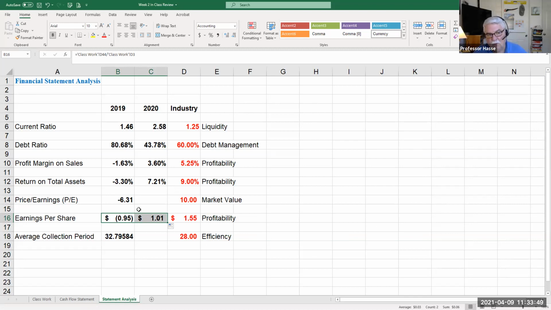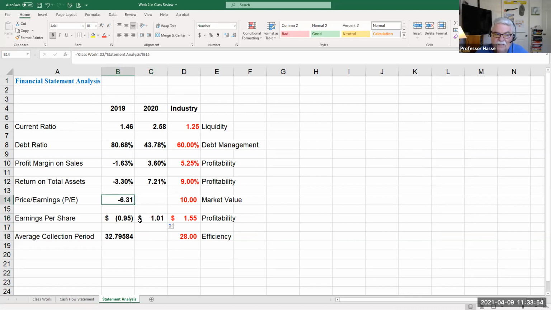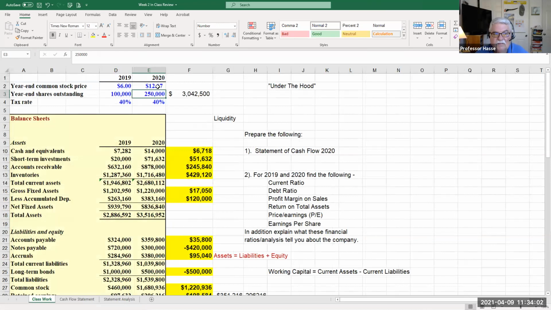Well, once we know that earnings per share, then we can calculate the price earnings ratio. And the price earnings ratio is the earnings per share in regards to the stock price. What relationship is the common stock price in the market at the end of that fiscal year in relationship to the earnings per share?